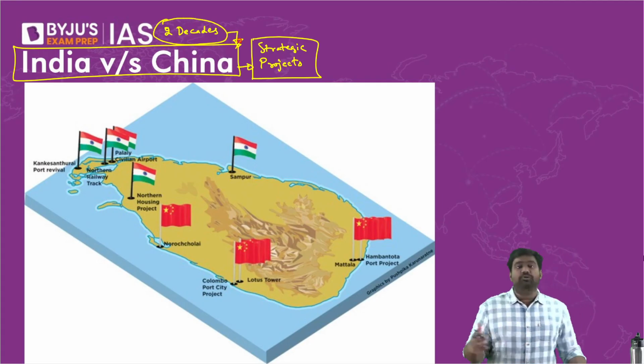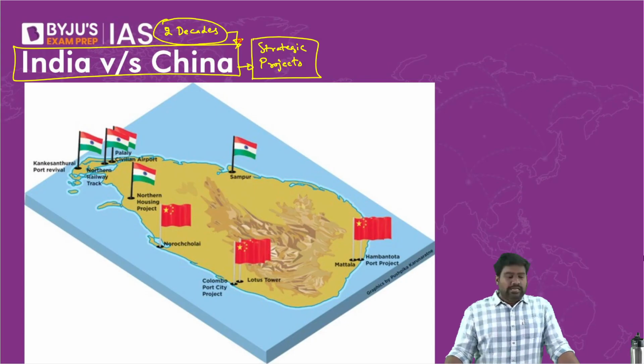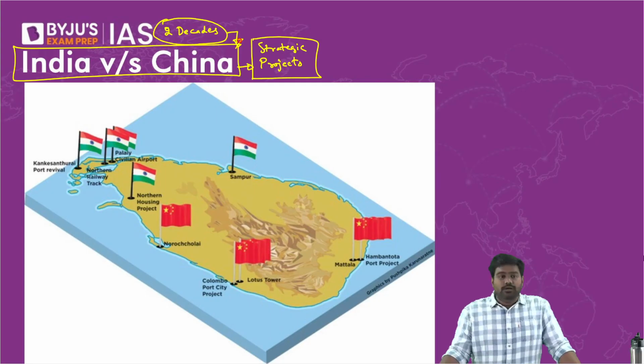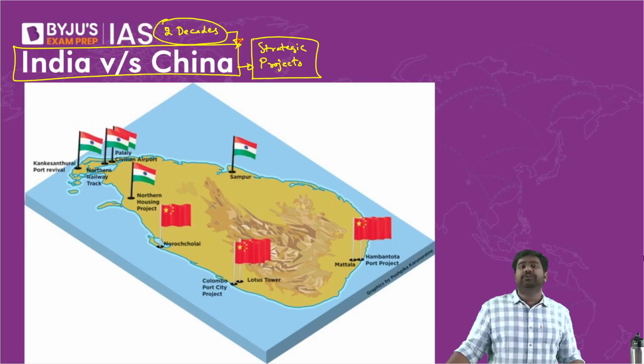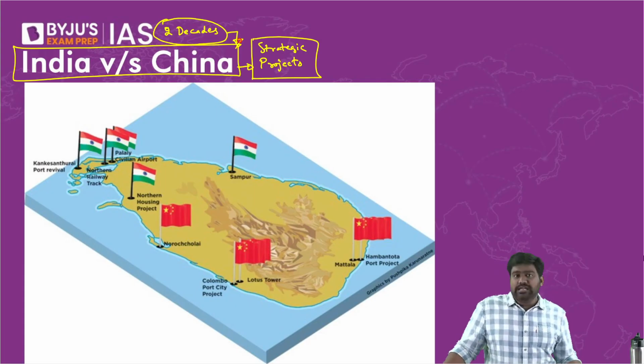It has tried to push out India from Sri Lanka. But India also has played this game quite effectively. It's a geopolitical game going on between India and China. We have managed to counter the Chinese influence, retained our own influence, and even taken up many key projects in the country.